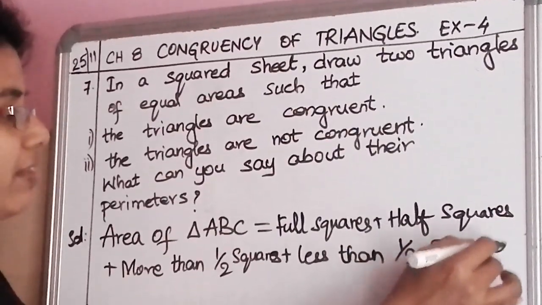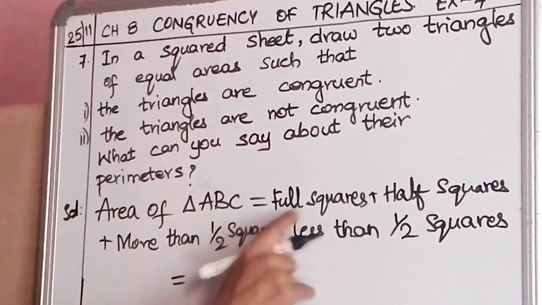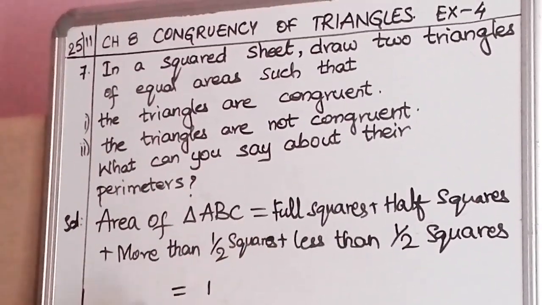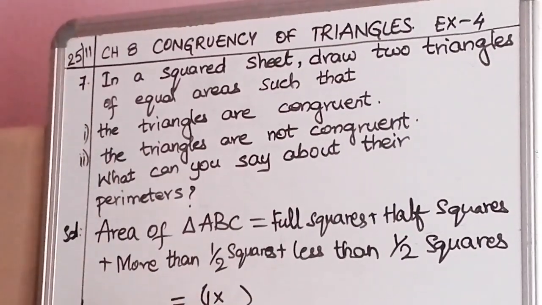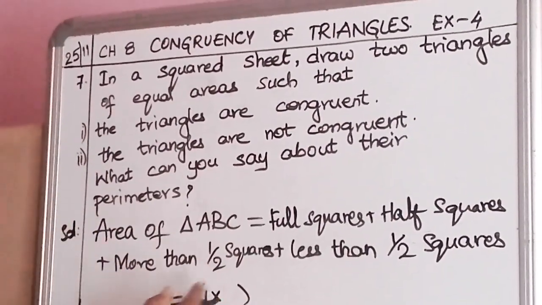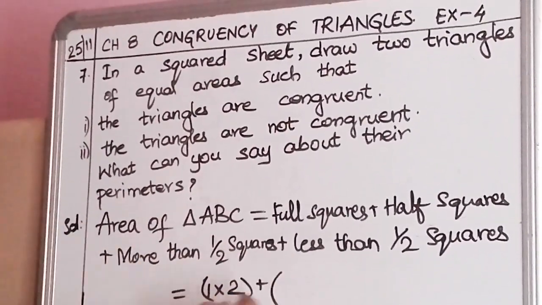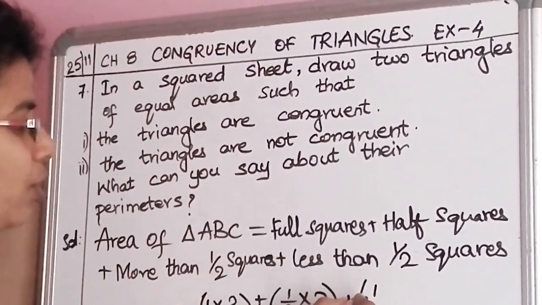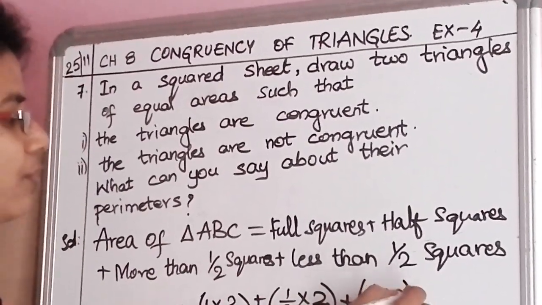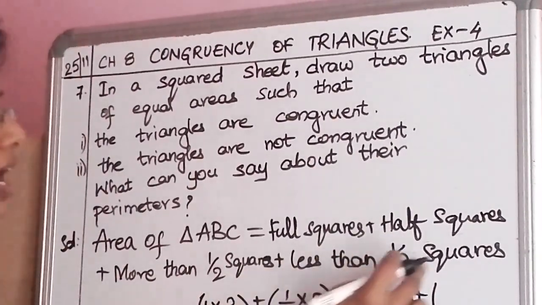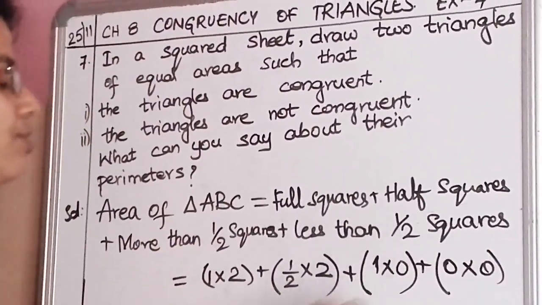So let's look at the figure and count and write. So area of the triangle is full squares, means one full complete square. How many complete squares are shaded or colored in the triangle? 2 plus. How many halves? No. Okay. So this into 0. Then less than half squares means I told it will be taken as 0 and 0 into 0.